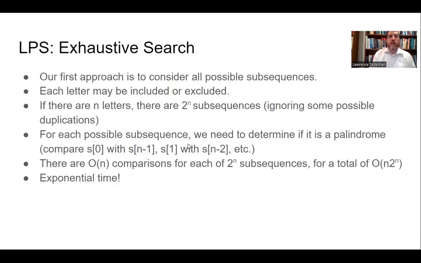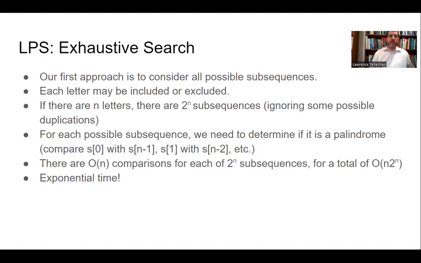Okay, so first of all, you could do exhaustive search. Exhaustive search means you check every possible subsequence, and there are going to be 2 to the n subsequences. Why are there 2 to the n subsequences? It's sort of like subsets, right? For each letter, I can either include it or exclude it.